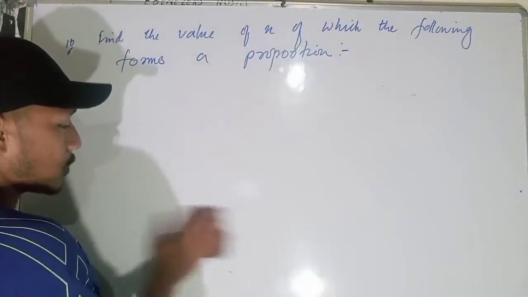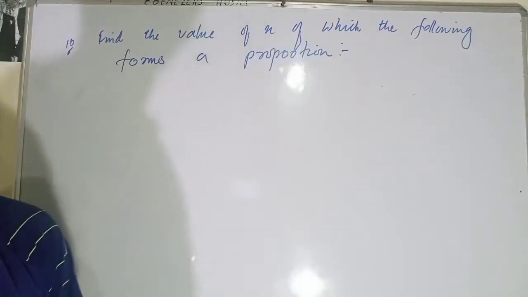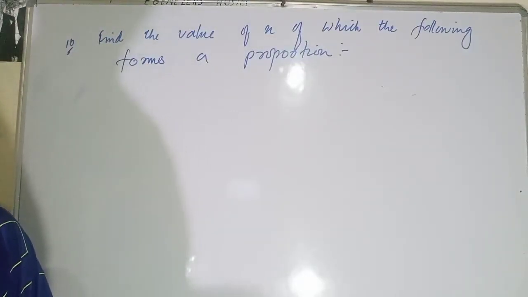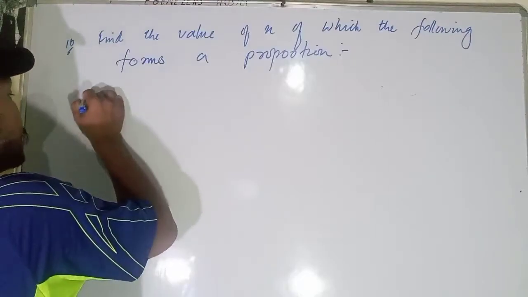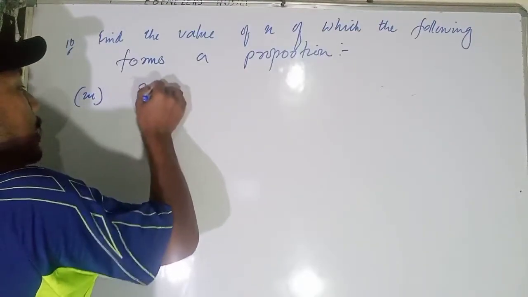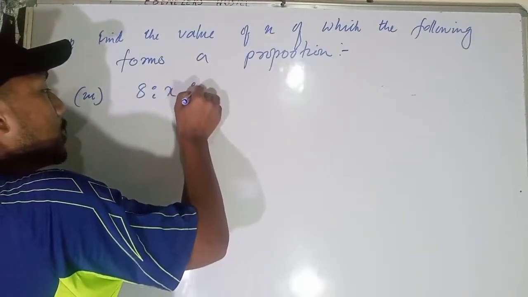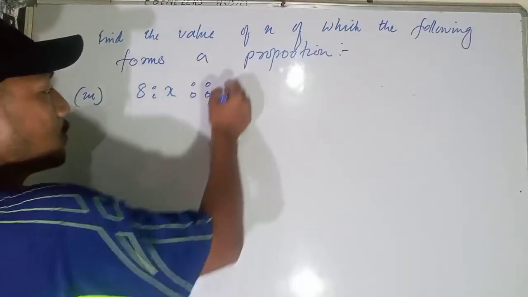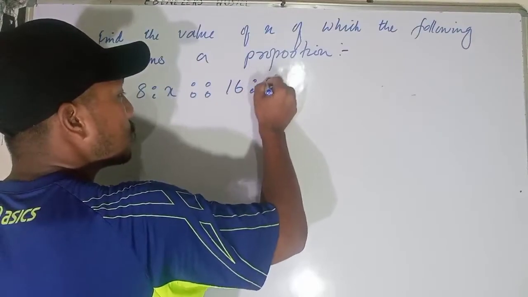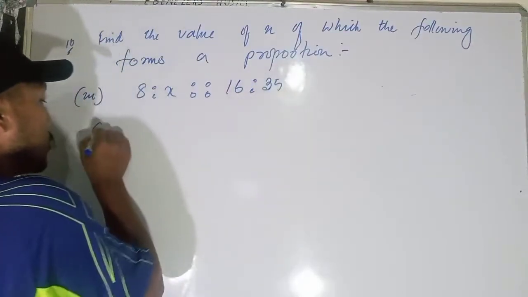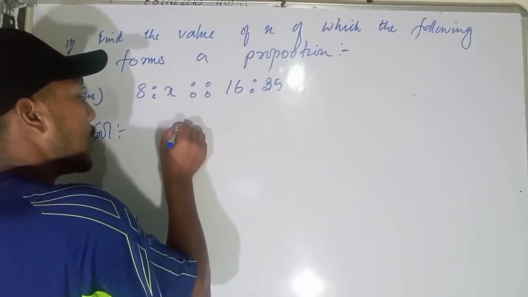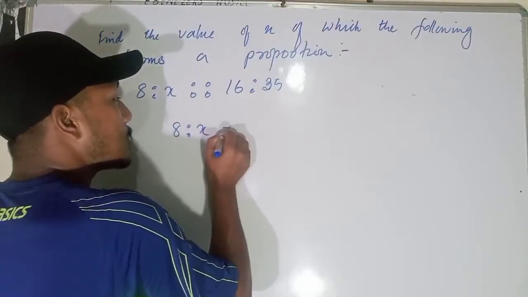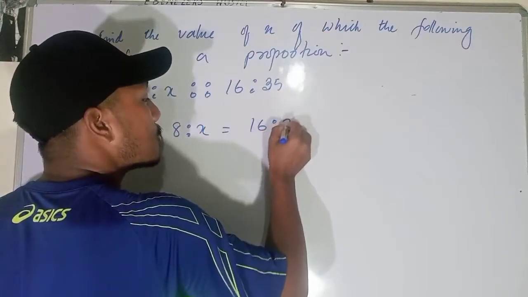Now since they are in proportion, the first ratio and the second ratio will be equal. I'm doing question number 3. 8 is to x is to 16 is to 35. Solution: they are in proportion, that means 8 is to x is equal to 16 is to 35.